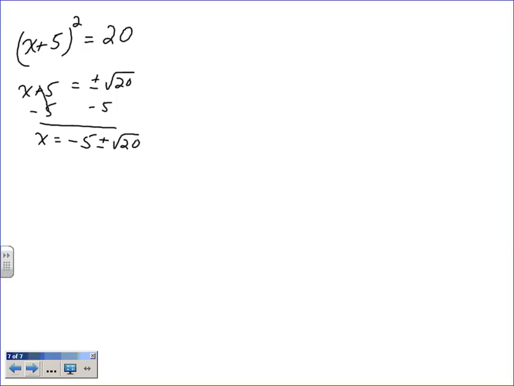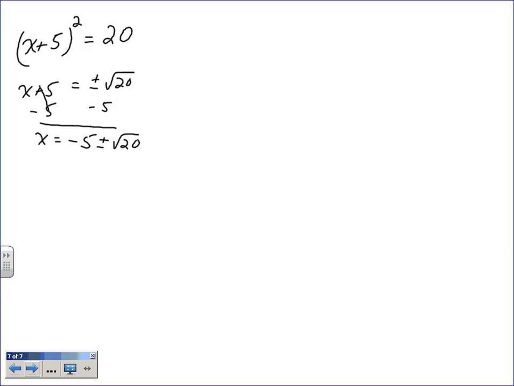And that's where we're at so far. If we wanted to know decimal values, we could just put negative 5 plus the square root of 20 in our calculator, and negative 5 minus the square root of 20 in our calculator, right? And we could find 2 decimal values. Those are the 2 places where this parabola crosses the x-axis.